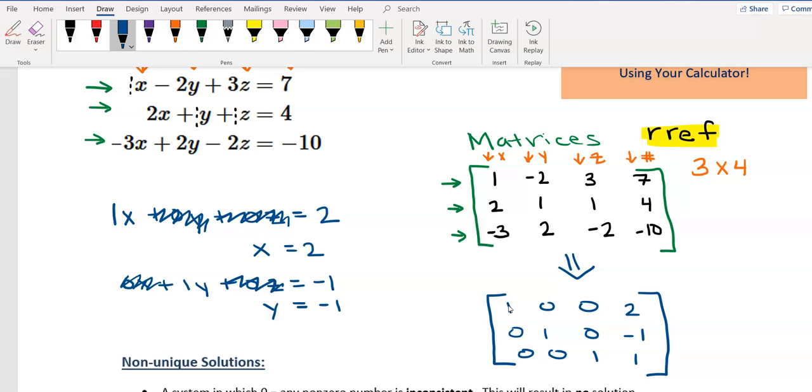So the last row shows that there's 0x, 0y, and only 1 z. So that 1 z, or just z, would equal 1. So this information that we have here, x is equal to 2, y is equal to -1, z is equal to 1, is the solution to this particular system of equations.